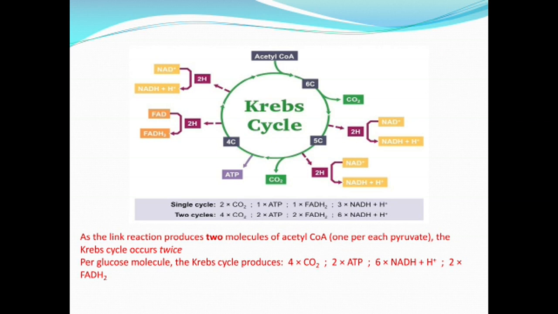So what I have said: acetyl CoA enters the matrix of mitochondria, and here a cyclic pathway starts which is known as the Krebs cycle. This Krebs cycle is also known as the TCA cycle, that is, tricarboxylic acid cycle or citric acid cycle.